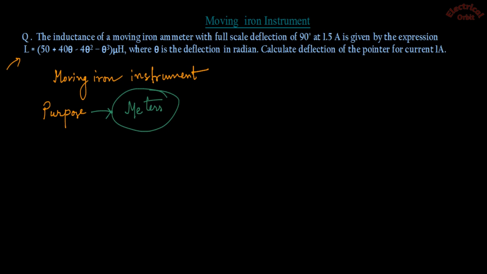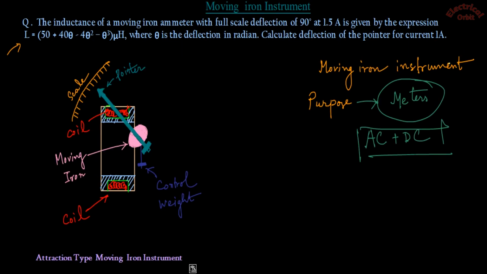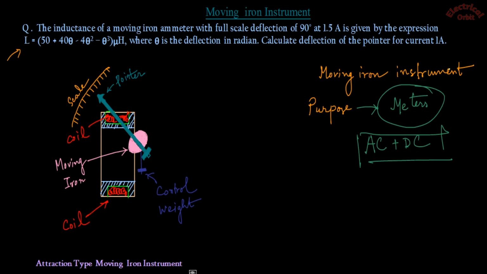Another purpose is that it can be used for both AC and DC measurement. Now this is a schematic diagram of an attraction type moving iron instrument. It is mainly of two types: one is attraction type, another is repulsion type.